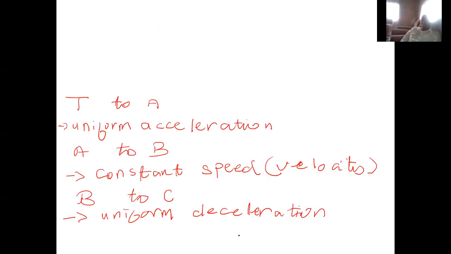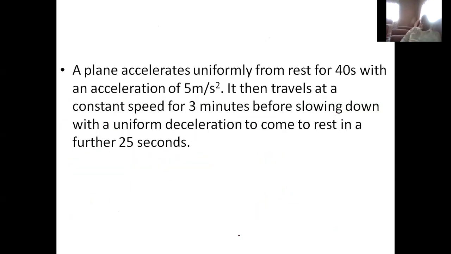And so we'll go straight into a question and we see how we can solve this question. We have a plane which accelerates uniformly from rest for 40 seconds with the uniform acceleration of 5 meters per square seconds.